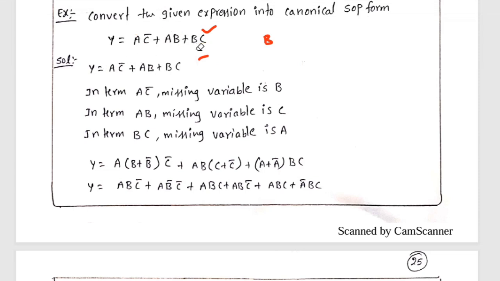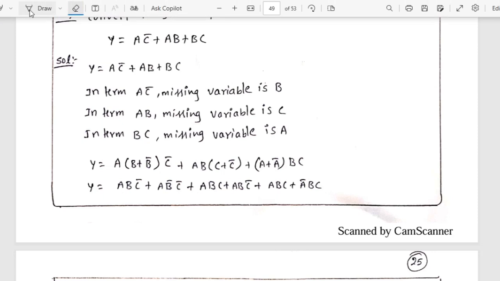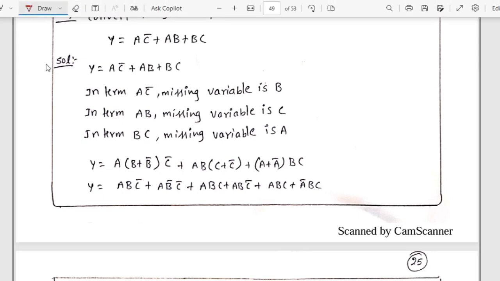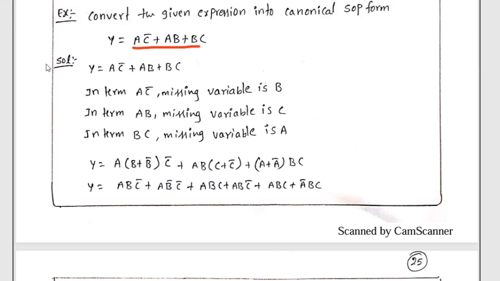So what is the canonical form? All the literals must be there. So how do I convert a sum of products into standard or canonical form? See here, AC bar plus AB plus BC. Here, AC bar into 1 plus AB into 1 plus BC into 1. Why am I writing 1?